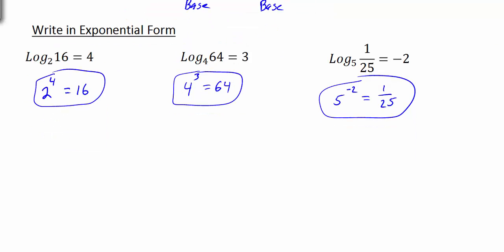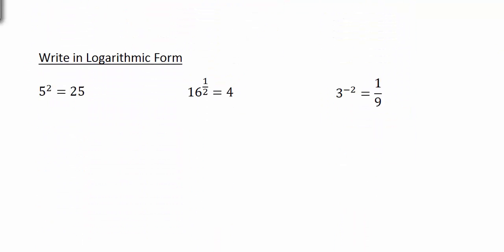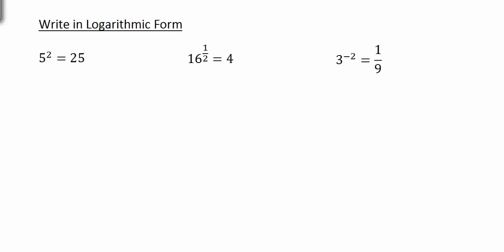All right, now let's look at how we can go the other direction. We have the exponential form, and we want to write this in logarithmic form. Once again, the 5 is the base, so that would be log base 5. We know that the log is equal to the exponent, so it must be equal to 2.